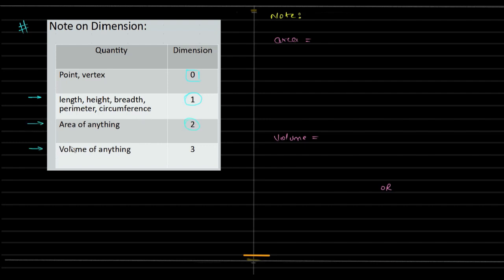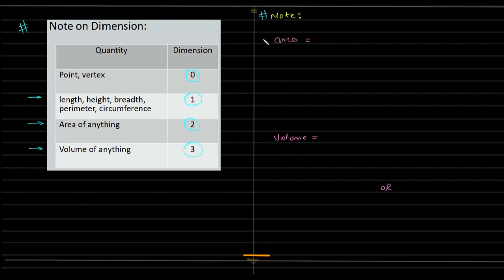Anything to do with volume is of 3 dimensions. How and why? I have taught it in the basics, so please watch over there. I won't go into the details over here. All you have to know is anything to do with point and vertex is 0, length and the like is 1, any kind of area is 2 dimensions, any kind of volume is 3 dimensions. How will this help? This will help in correcting the formula. I'll explain that as and when we learn.